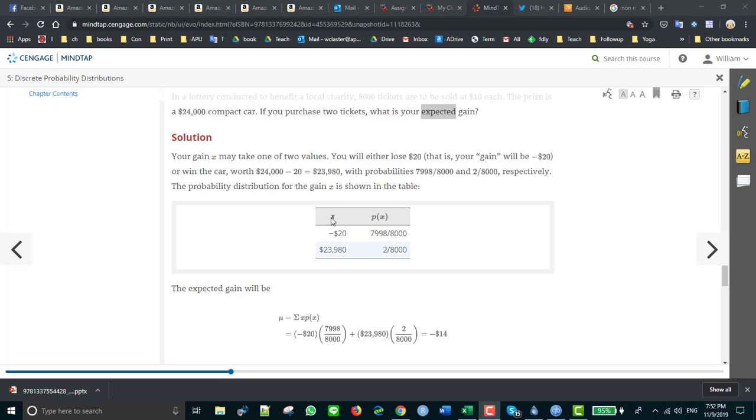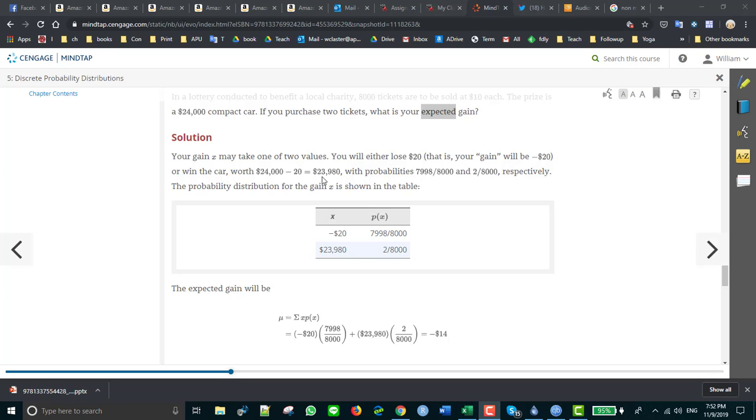Then we want to put the probability associated with that. The other possibility is that you win, you get the car. Now you did pay $20, so you don't quite win $24,000. You win $24,000 minus the $20 that you paid. So this is your gain if you get the car. It's not quite $24,000.